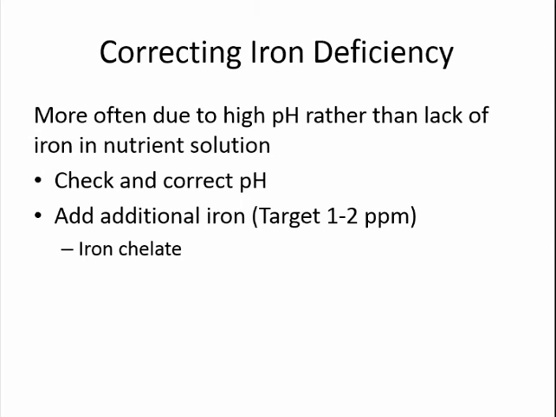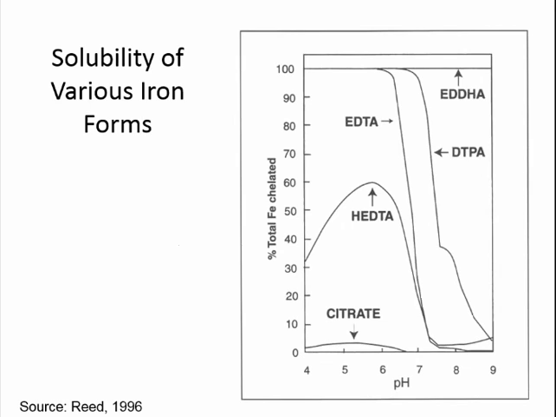So do use nutrient solution analysis through a commercial lab to check your iron concentration as well, and make sure that you're targeting about 1 to 2 parts per million iron in your nutrient solution. And I just wanted to point out that most of the hydroponic fertilizers that we use do use a chelated iron form, such as EDTA, EDDHA, or DTPA, so that they are soluble across a wider range of pH.